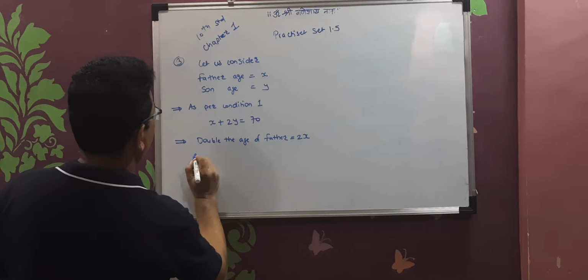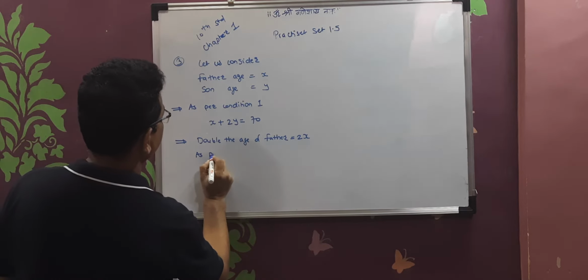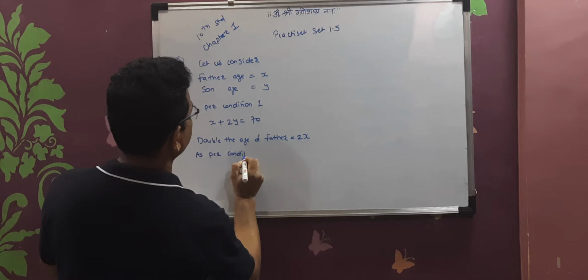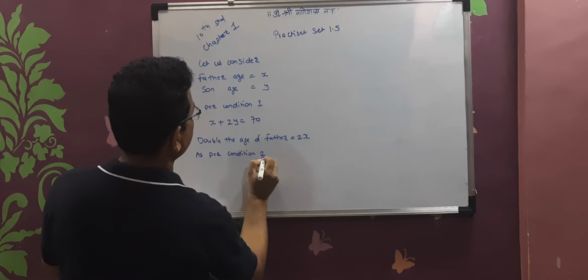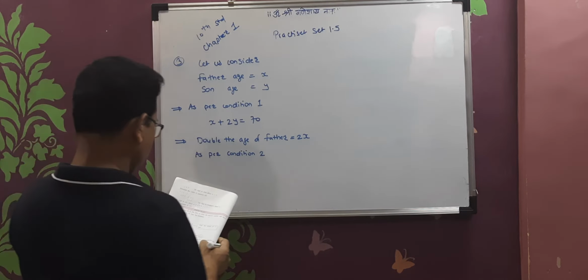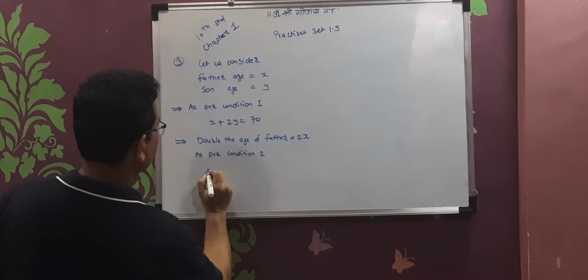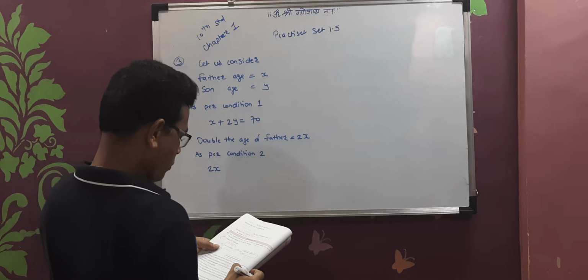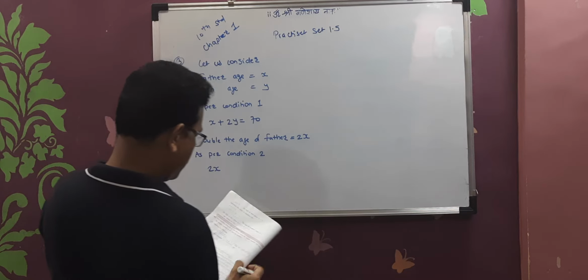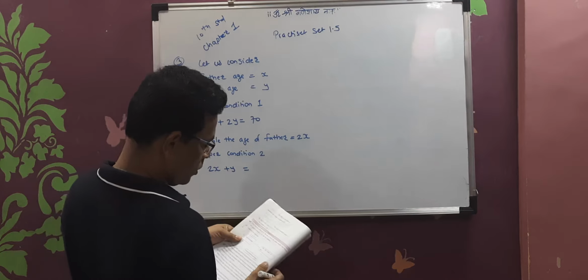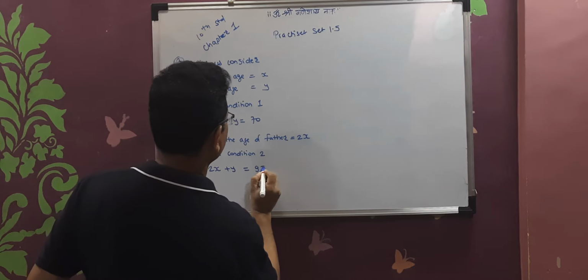So as per condition 2, if we double the age of the father, father's age is 2x, and add to the age of his son, y, it is equal to 95.